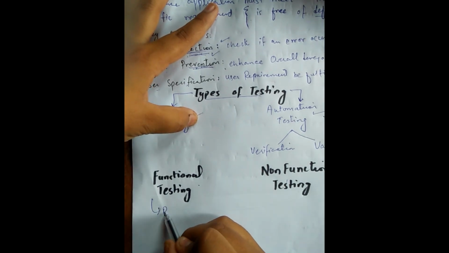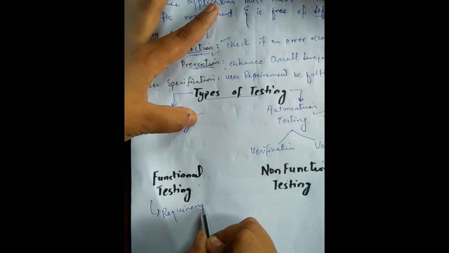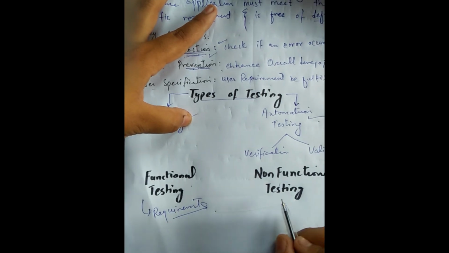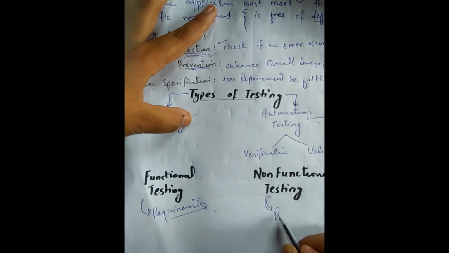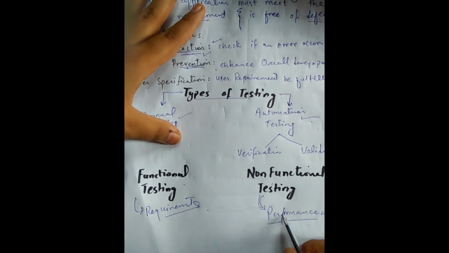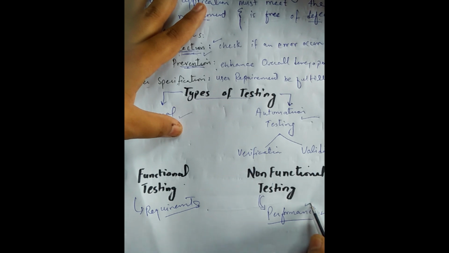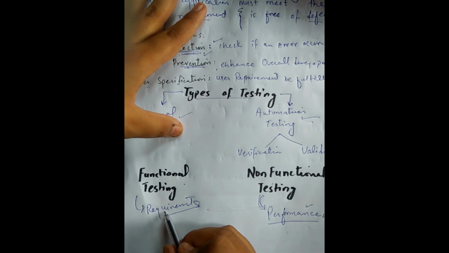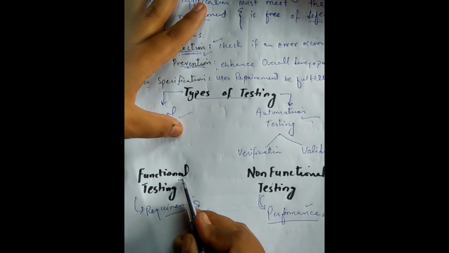It is based on the requirements of users. Non-functional testing is based on performance, whether the developed software or app runs fast or not, or according to our planning or procedure. We check its performance in non-functional testing and we check its requirements in functional testing.